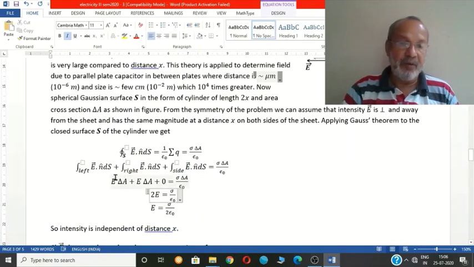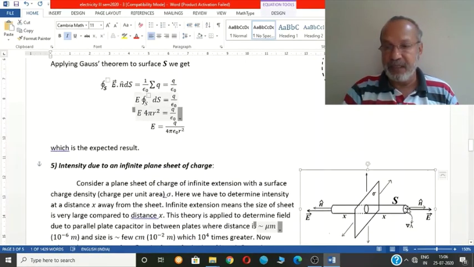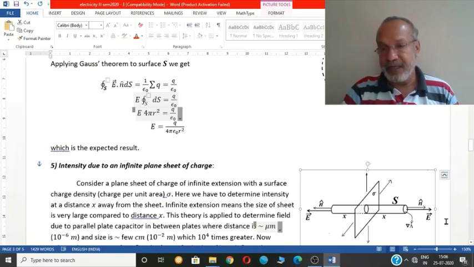And what about the first two integrals? Let us consider the integral on the right hand side. That is this part, E dot n dS. E and n have the same direction.